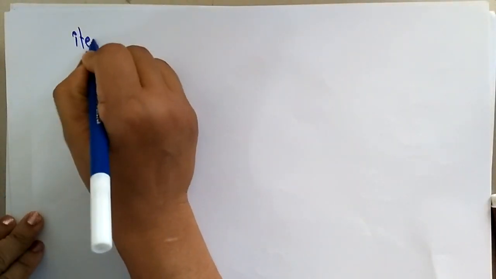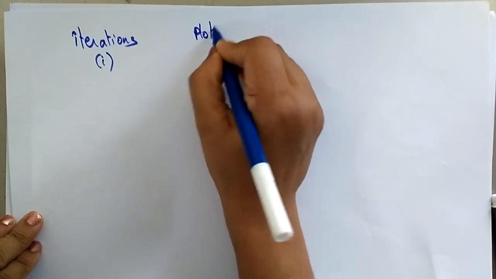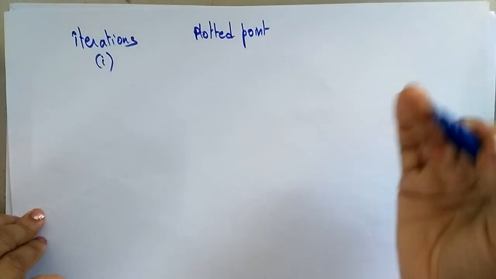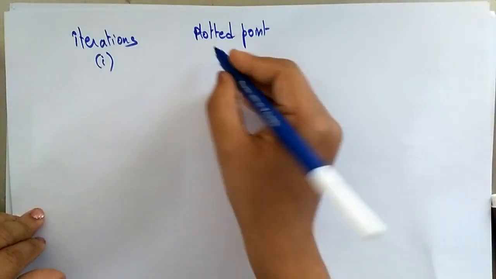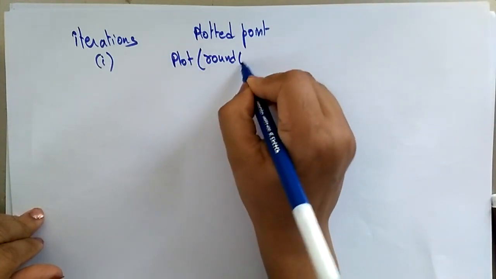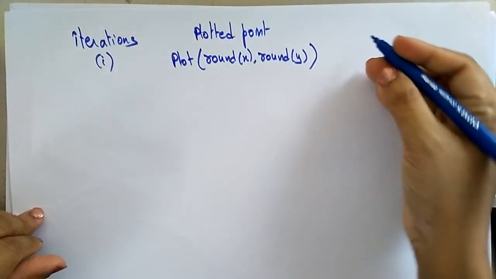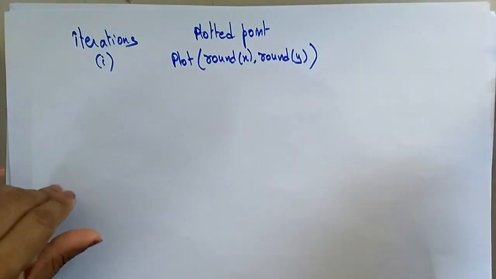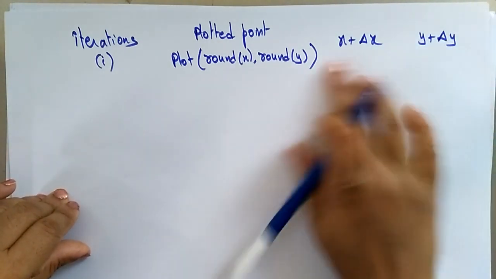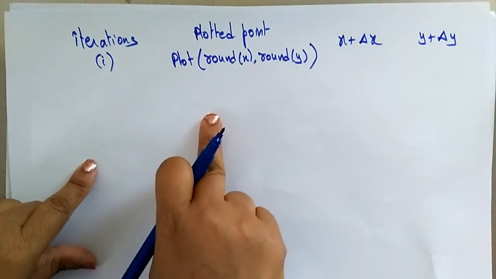Let me take the iterations as i, and the plotted points, the new points you need to plot on the coordinates in the graph. That is plot round of x comma round of y, where x plus delta x and y plus delta y are the incremented values. After rounding off, they will be plotted on the graph.